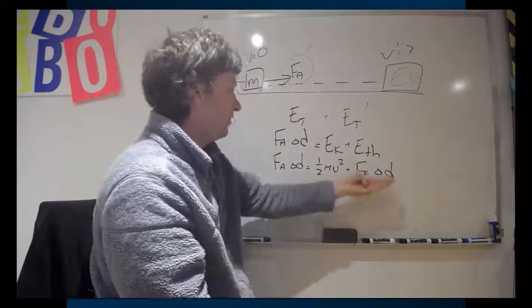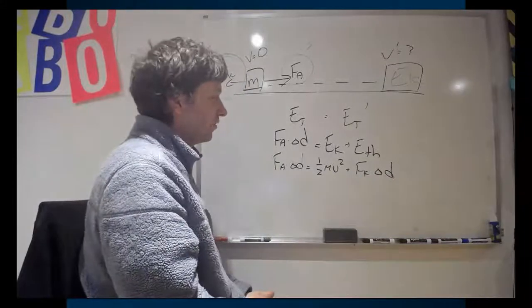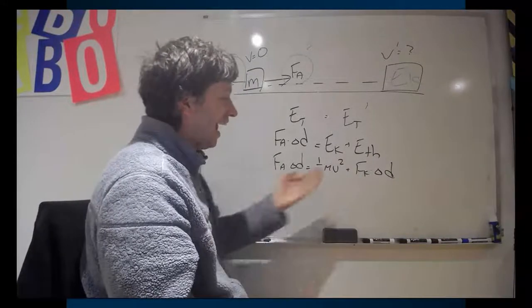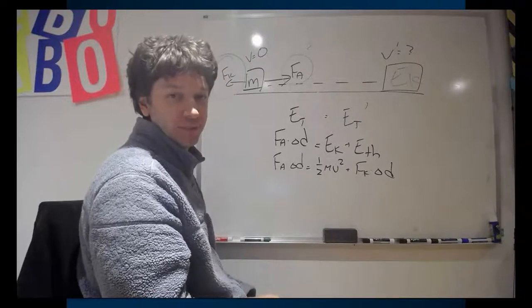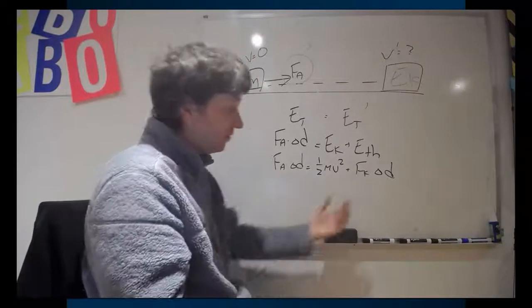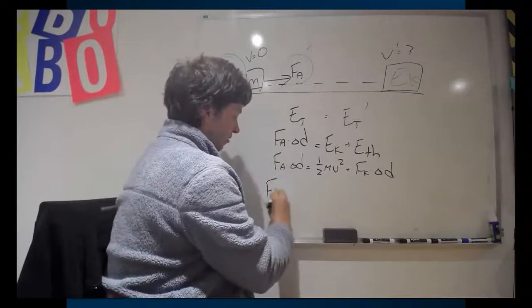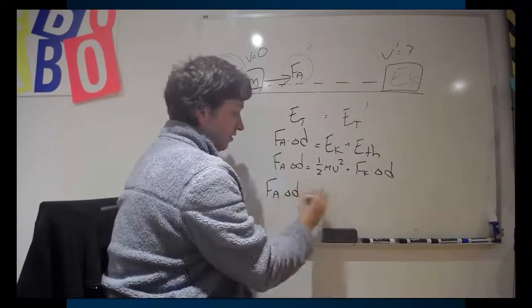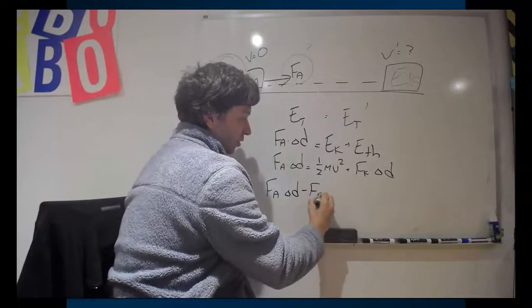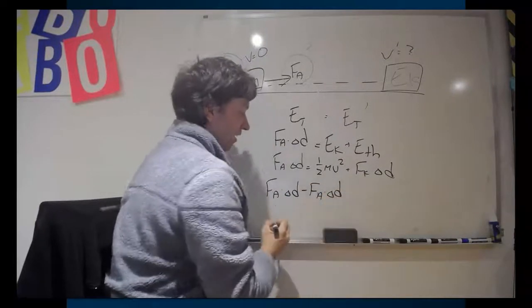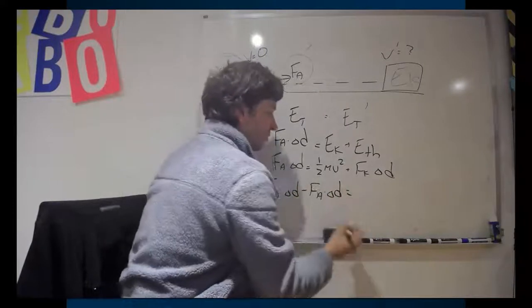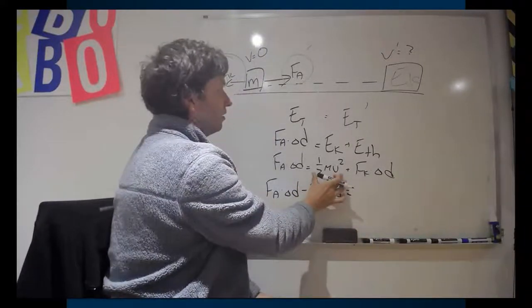Now, going back to friction, you don't want to think of friction as having work done and creating thermal energy. Because watch, if I were to bring this term to the other side, then I simply have the work done by the clerk subtracted the work done by the friction equals, what's this? Kinetic energy.